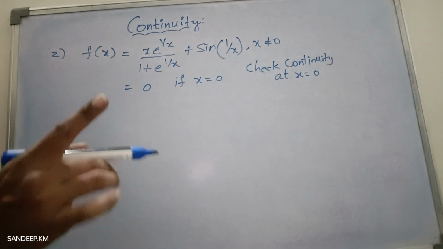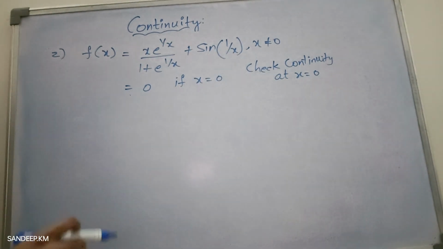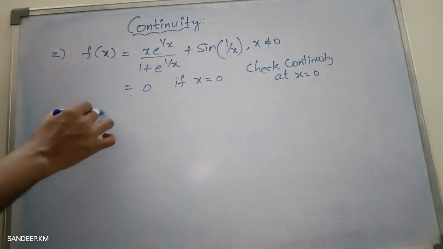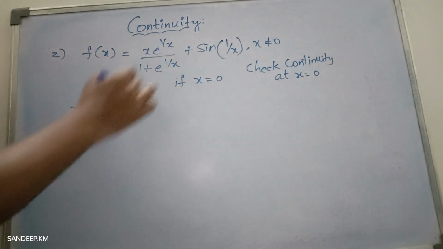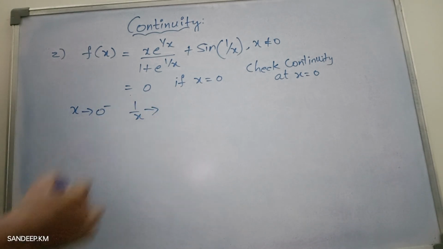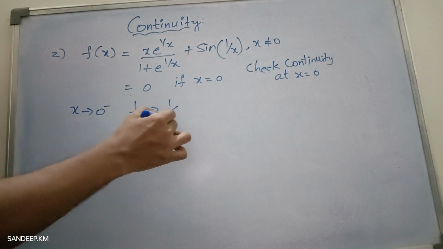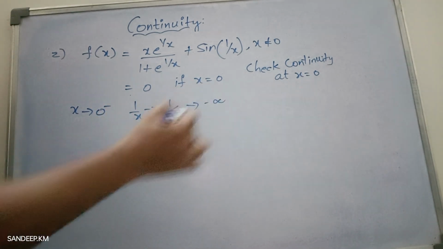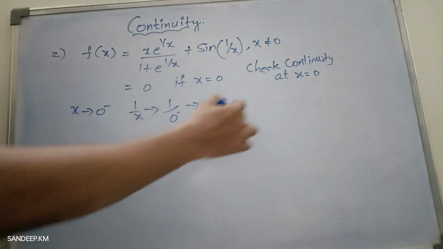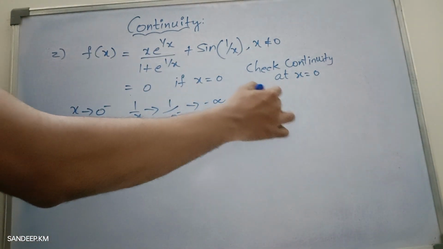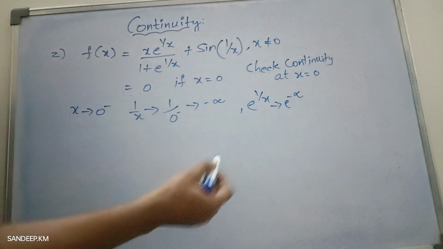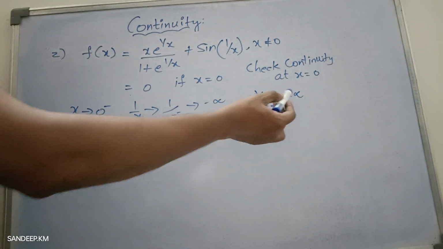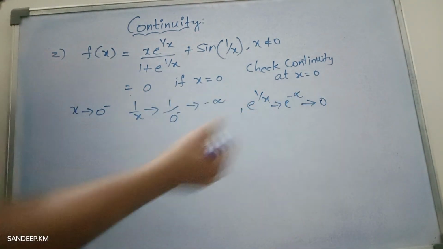Here if you observe, when x is approaching 0 from the left side, 1 by x is approaching 1 by 0 minus, which means minus infinity. In that case, e power 1 by x is approaching e power minus infinity, which is taking the value 0.